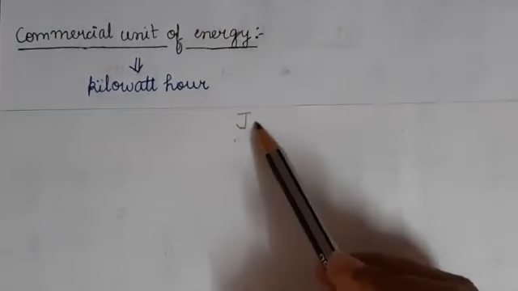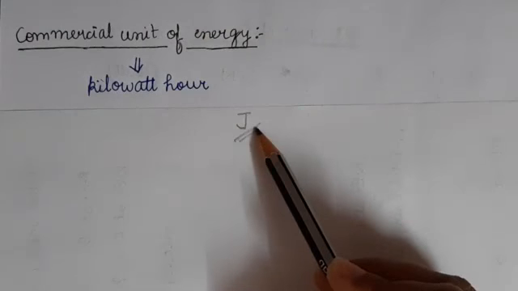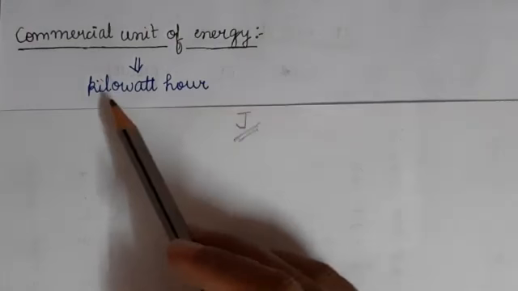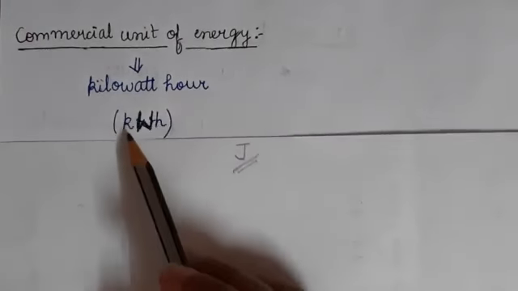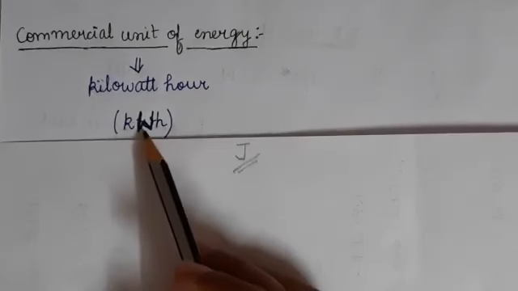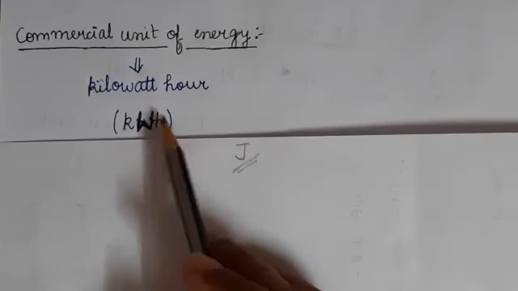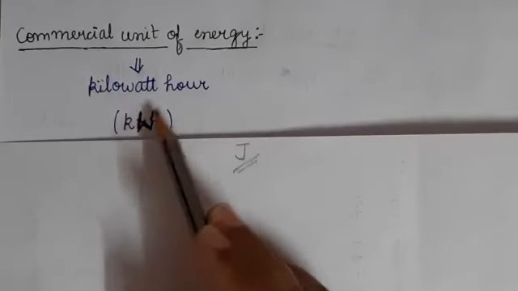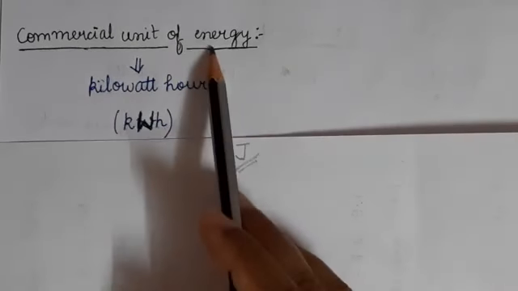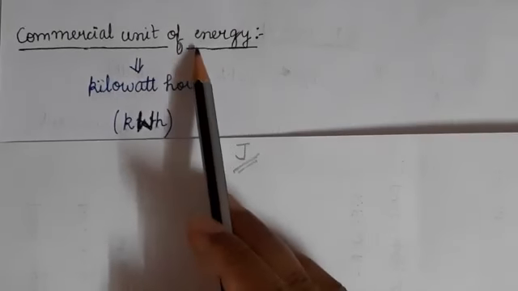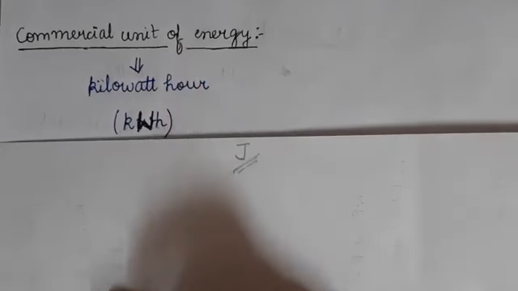Joule is the smallest unit of energy. There is one more bigger unit, that is kilowatt hour, or you can write in short form kWh, kilowatt hour. K for kilo, W for watt, H means hour. So kilowatt hour is the bigger unit of energy, or we can say the commercial unit of energy.